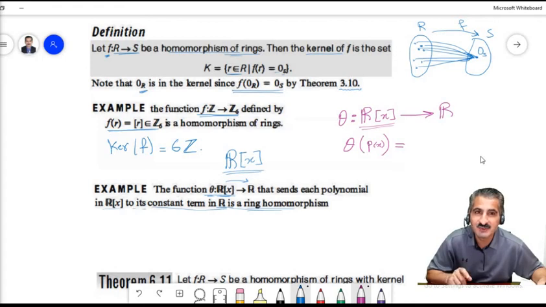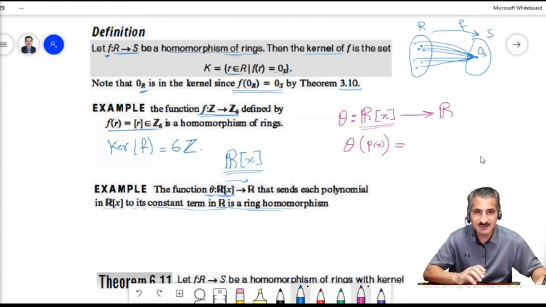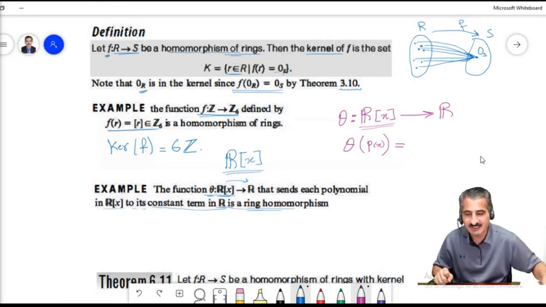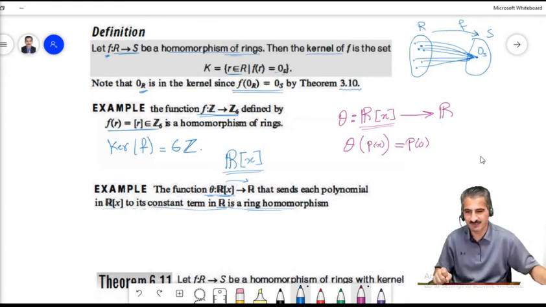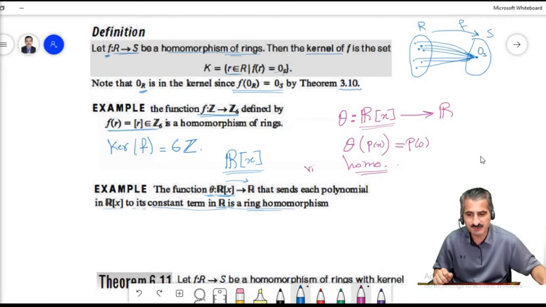Substitute 0 for x, right? Then you kill all the terms inside the polynomial, but the constant term will survive. So simply take p of 0, and this will give the constant term. Okay, and this is a homomorphism. I don't know if we proved it or not, but it is a ring homomorphism. So you need to prove the two operations, and I will leave it for you to do it.